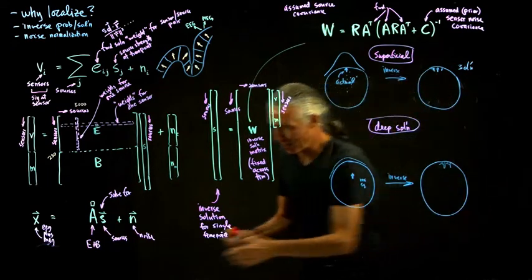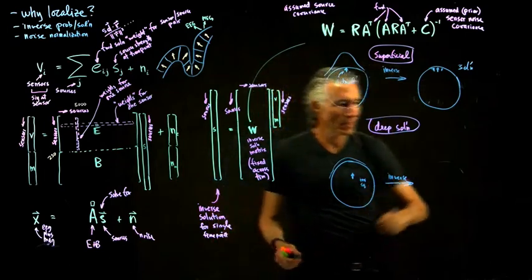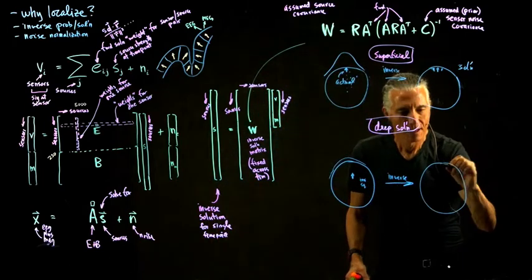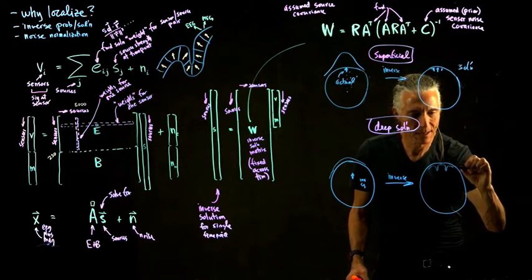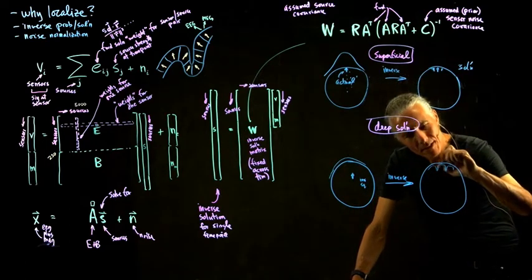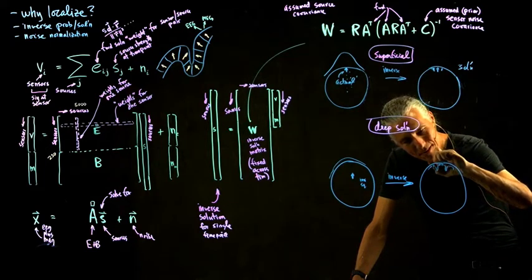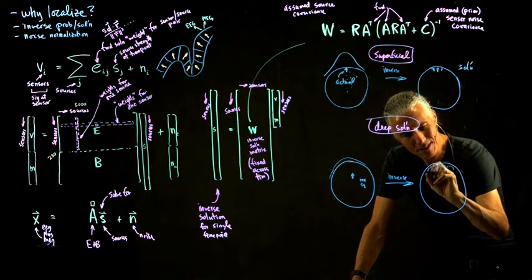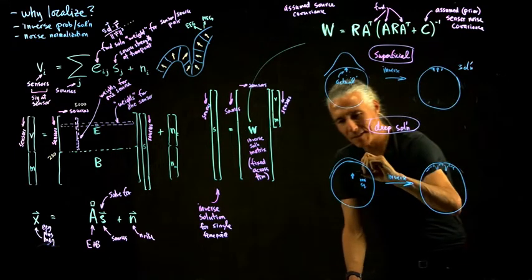Let me just draw that a little bit better. So here's our cortex in there. What will happen is you'll get a tiny little dipole there, nothing down there, tiny little dipole here, it'll smear out the signal over a huge area, completely get the thing in the wrong place.